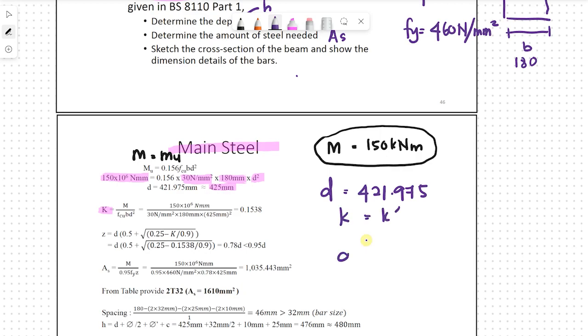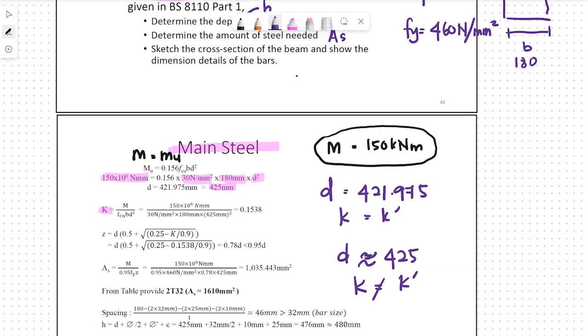But if you round it up, okay, 425 for example, you will get a different value of K. Because we know 0.156 is the maximum for a singly reinforced concrete beam. So K will no longer equal K prime since the value has changed, no longer 421.975.